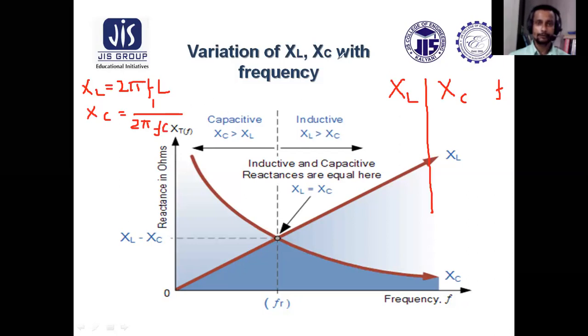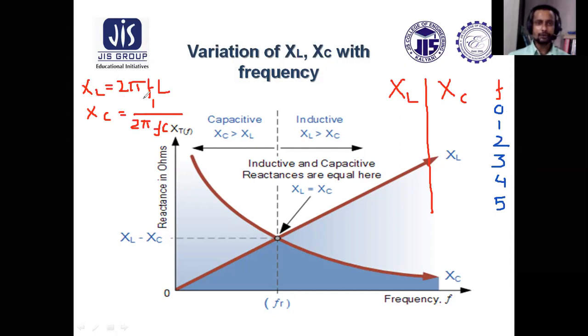Now, if frequency increases, let us assume frequency is 0, 1, 2. Suppose we have taken 5 frequencies. This is not the actual case, but for example, we can consider this.